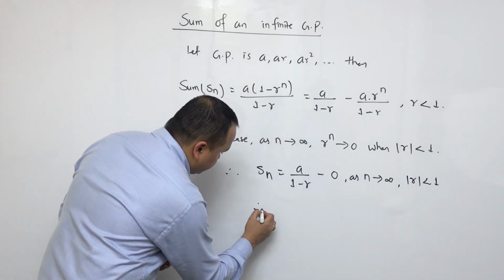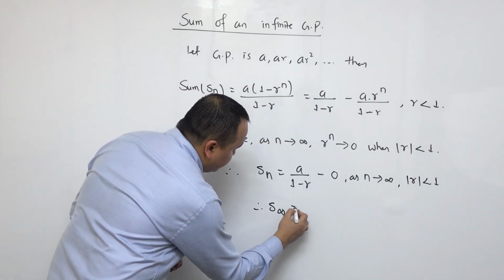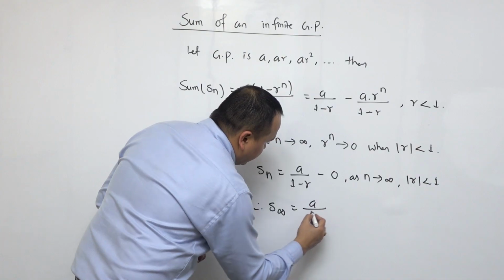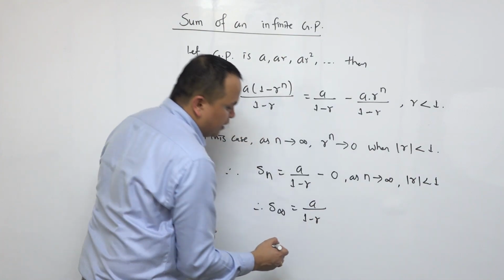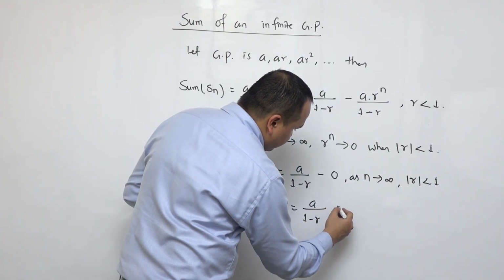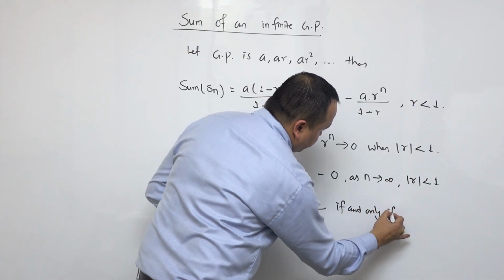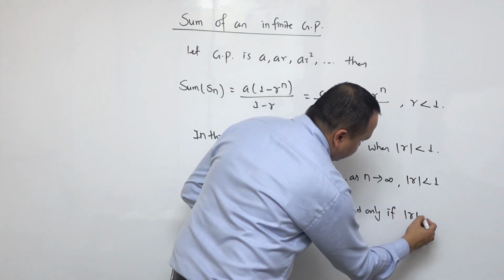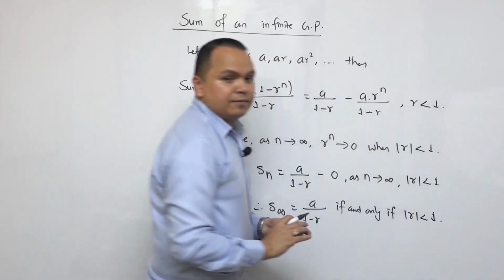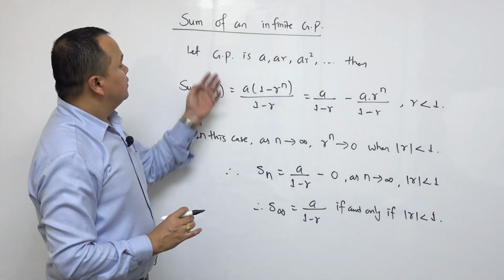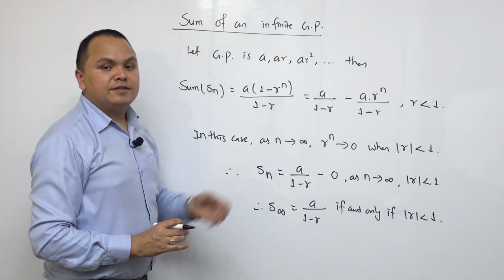Therefore, S infinity is equal to A upon 1 minus R, if and only if modulus of R is less than 1. Therefore, the sum of an infinite GP.